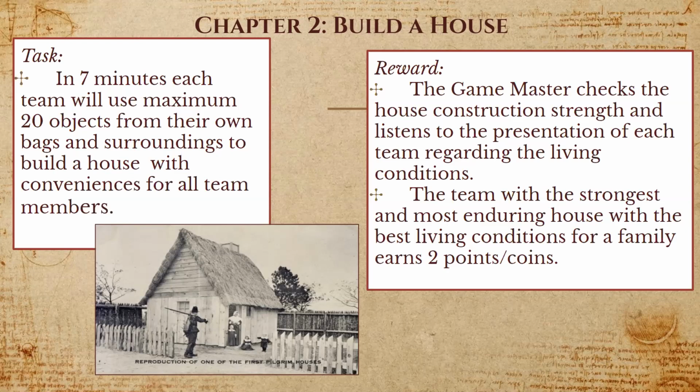Sometimes, while they construct, you could approach and suggest to them as a game master that they have to consider all of the conveniences that will help team members survive. The team with the strongest and most enduring house with the best living conditions for a family earns 2 points.